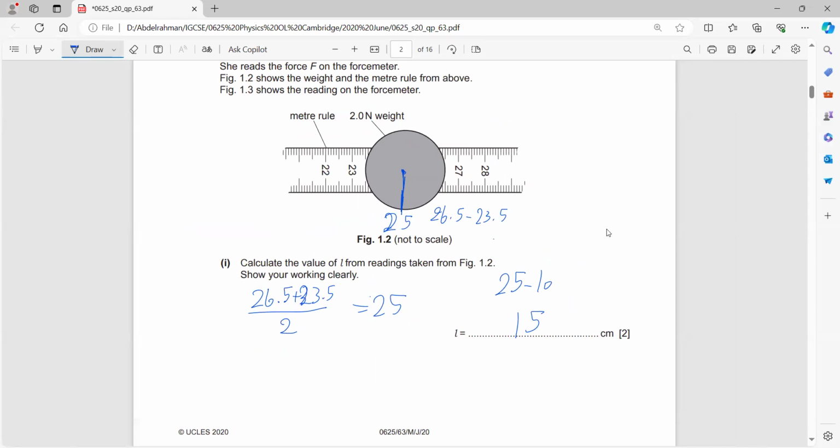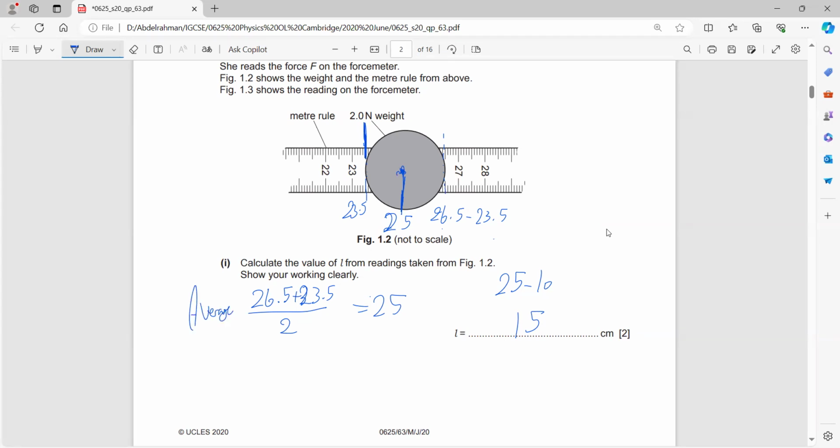What did I do? I found, first of all, the center of this weight. Where did it start? It started here at 23.5. And where did it end? It ended here at 26.5. So how do I find the center of this weight? Using the average.